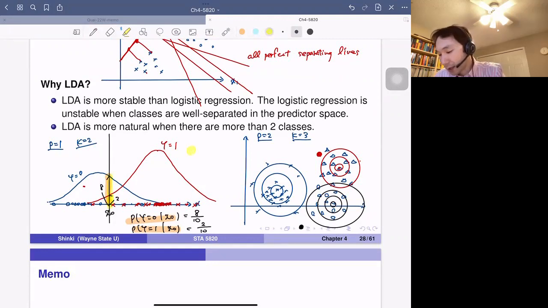If the x value is given as x0, what is the probability that the observation belongs to y equal to 0 or y equal to 1? This can be done for multiple classes. If we have 3 distributions, it's a little cloudy with only 1 predictor, but like this.